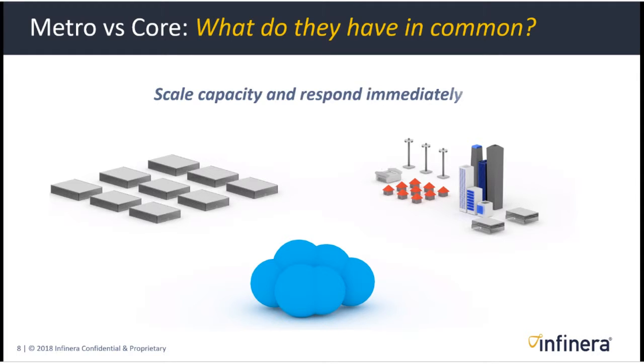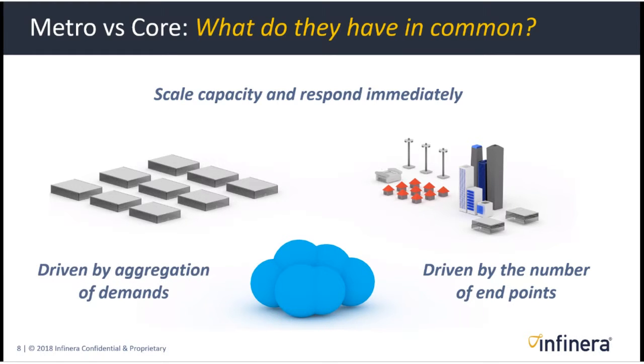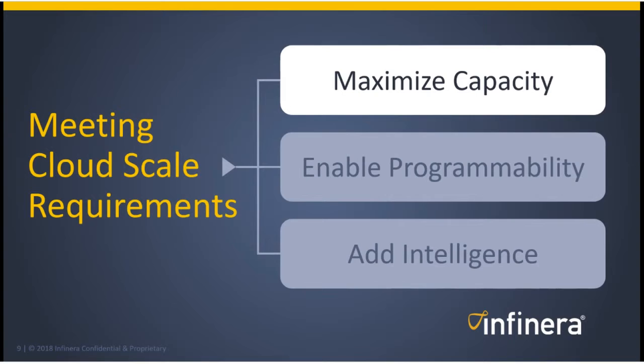Well, it's really about the need to scale capacity and have the fastest possible response time to deliver that capacity. Those needs are driven in the metro because there's just a huge number of endpoints, and each one feeds into the new fiber-deep architecture. In the core network, we need much bigger chunks of capacity with much less notice because this is where all the traffic is aggregated. Those are the high-level trends we see as most relevant.